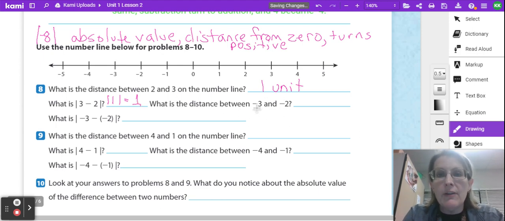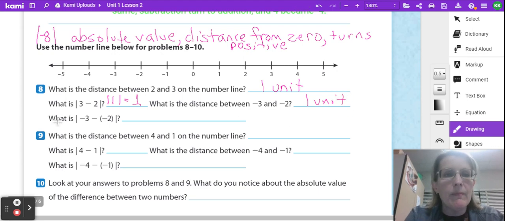Now what about negative numbers? The distance between -3 and -2, I can still see is only 1 unit away. And then what's the absolute value of -3 minus -2? Remember, we're going to rewrite that as addition. I have more room over here, so I'm going to rewrite it over here.